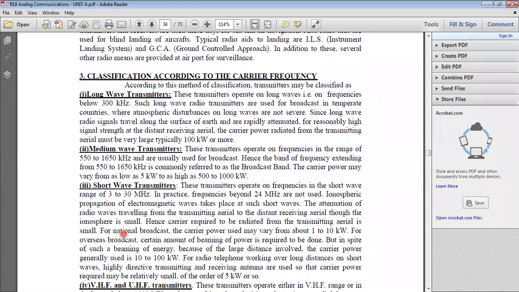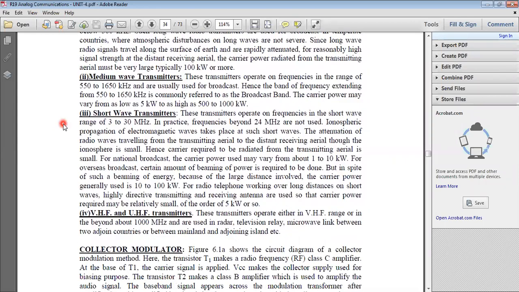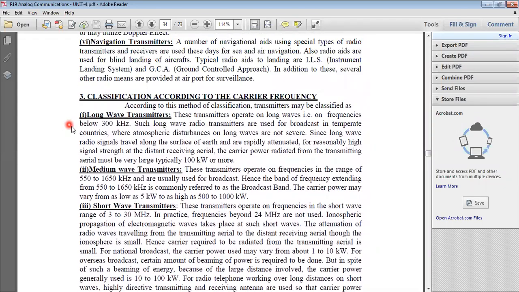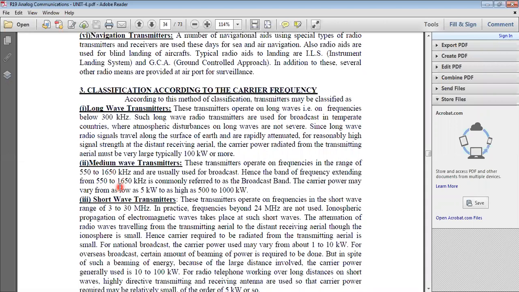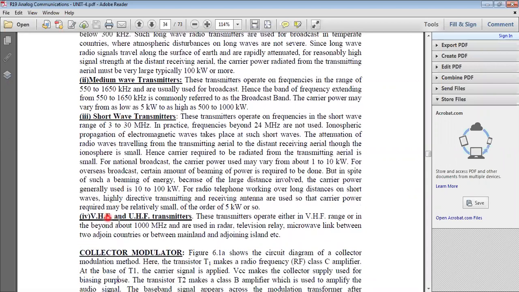Now coming to another type of classification: according to the carrier frequency used. Depending upon that, there are four types. The first is long wave transmitters, the second is medium wave transmitters, the third is short wave transmitters, and the fourth is VHF and UHF transmitters.